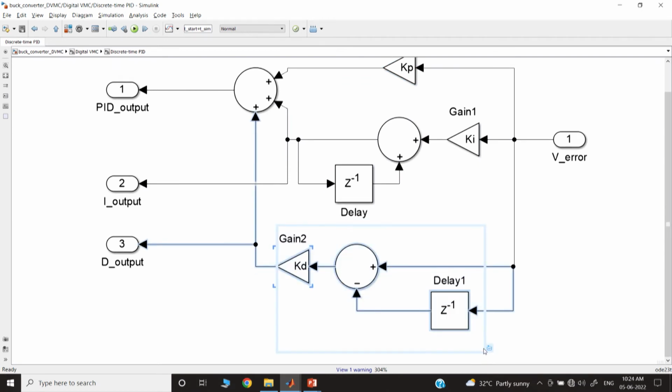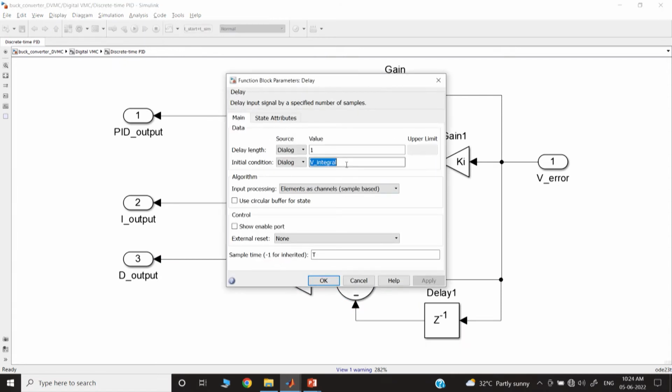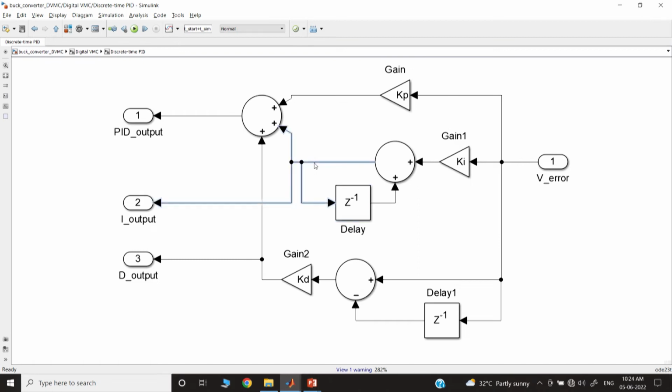If you go inside this block, you will find something like V integral, because you see this part is un plus un, the output of the integral control, ui of n, that is the integral at the nth interval, equal to its previous value, ui n minus 1, plus ki into error voltage.